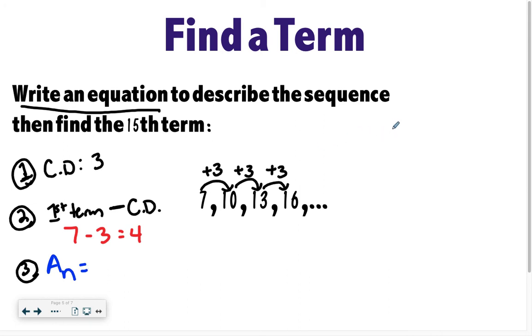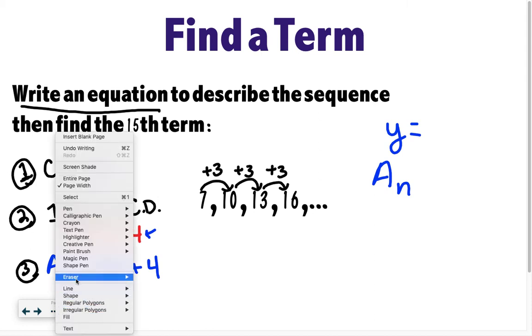So instead of putting y equals, for arithmetic sequences, we do A and then a smaller n down below. So A of n equals, then you take your common difference, and then you put an n with it, and then you say plus whatever this number is. So in this case, 4.